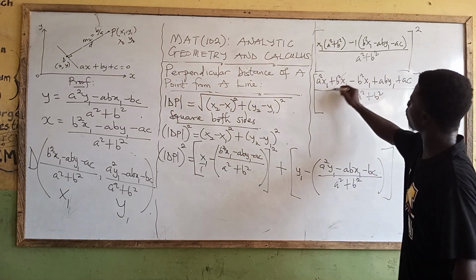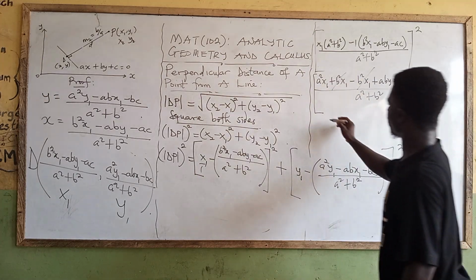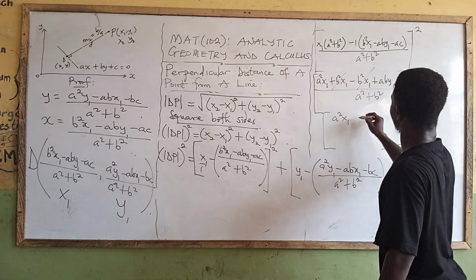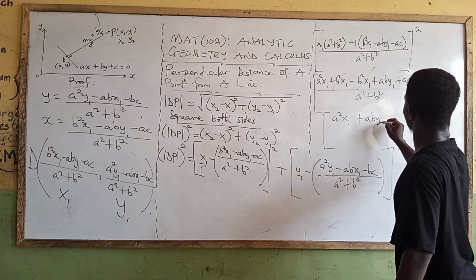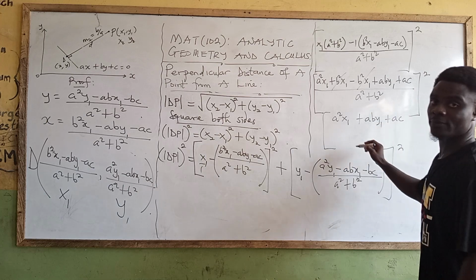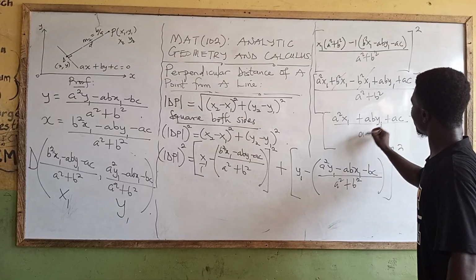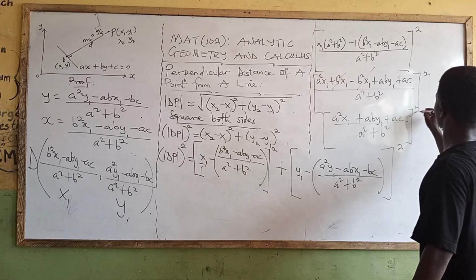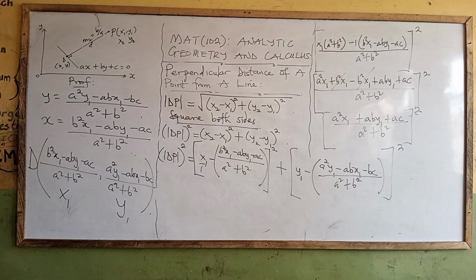Now you can see that this one takes away that. So I have my a squared x1, then plus aby1 plus ac all divided by a squared plus b squared, all squared. So we have this.